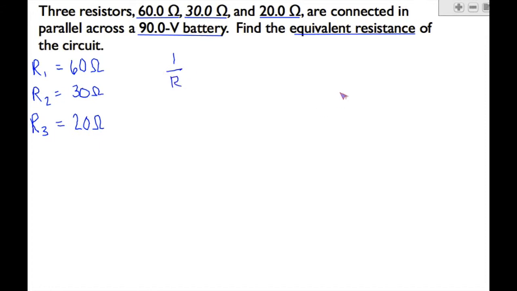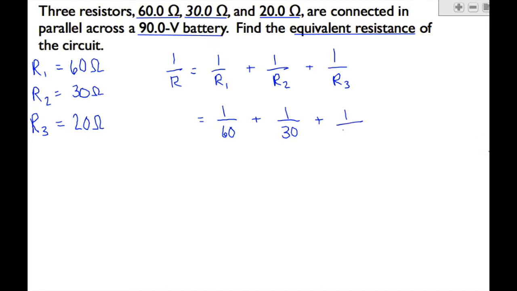The equivalent resistance, or 1 over the equivalent resistance, is equal to 1 over R1 plus 1 over R2 plus 1 over R3. So 1 over R1 is 1 over 60 plus 1 over R2 is 1 over 30 plus 1 over R3 equals 1 over 20.